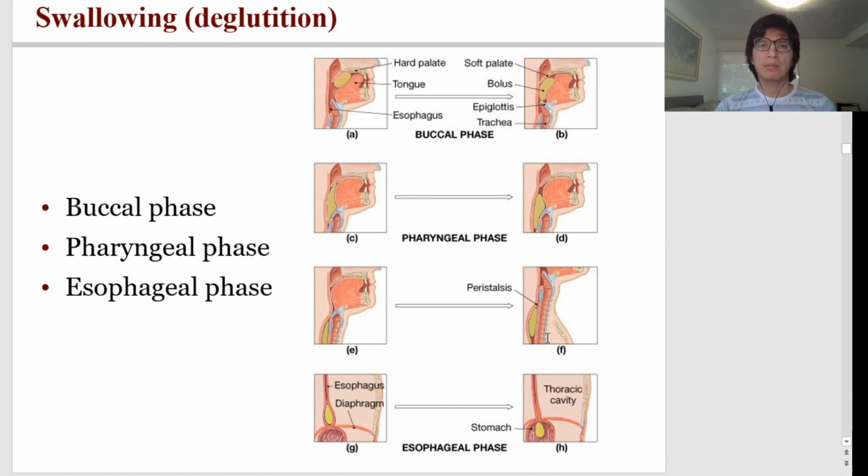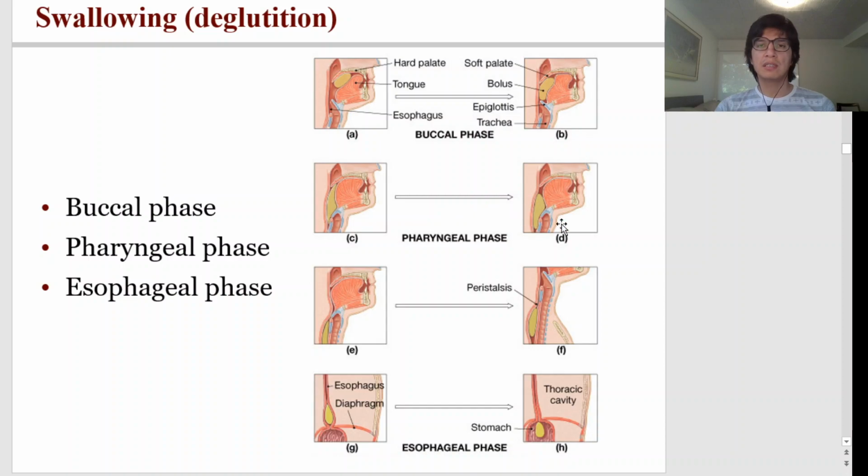Let's look at the process of swallowing. It has three different phases: the buccal, pharyngeal, and esophageal phase. Here you have your buccal phase aided by the tongue.